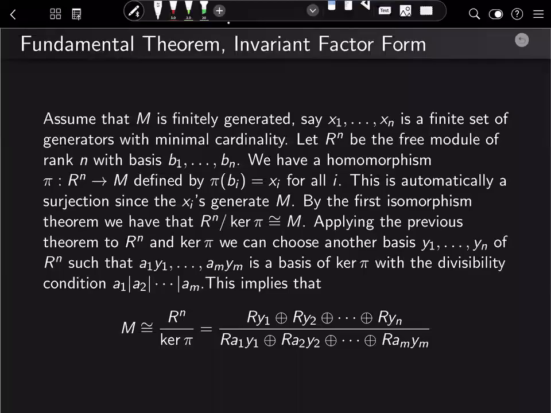And directness of the sum does guarantee that this is a valid representation of R^n and the kernel of pi, because since the sum is direct, the intersection is trivial, because y1 through yn are all linearly independent together, as it's a basis.